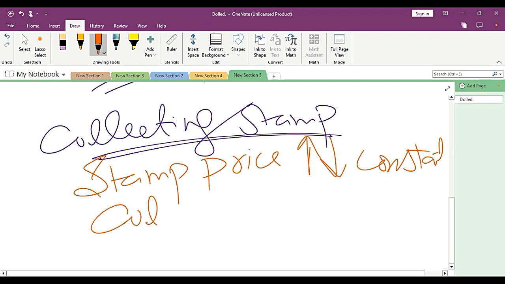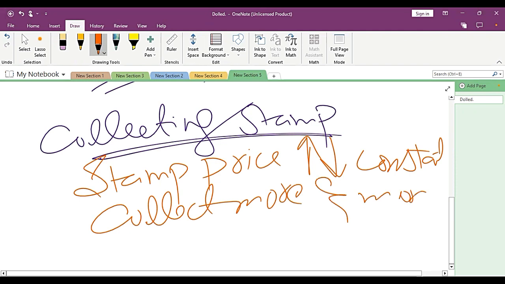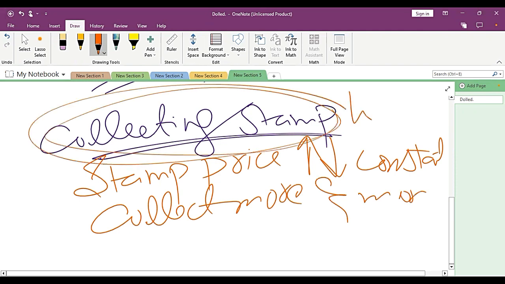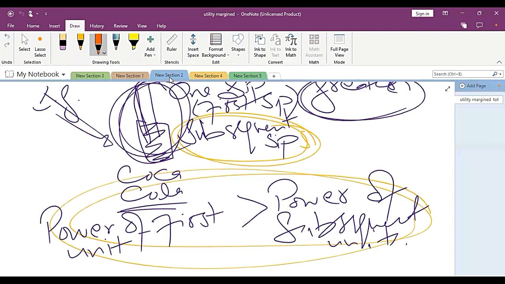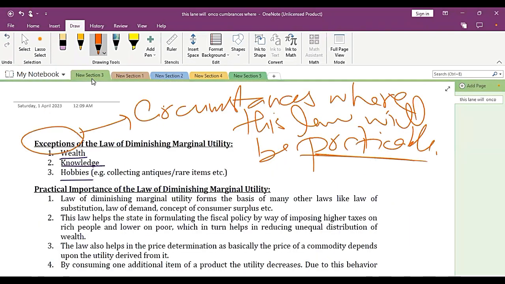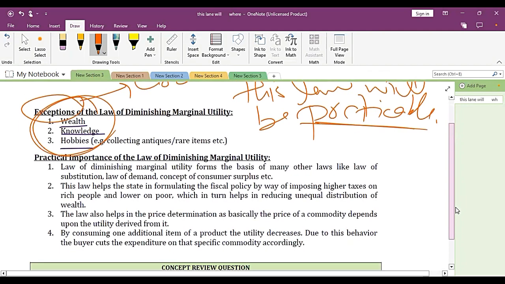He will continue to collect more and more, as it is his hobby. So this law is not applied to hobbies. So these are the three circumstances under which this law will not be applied.